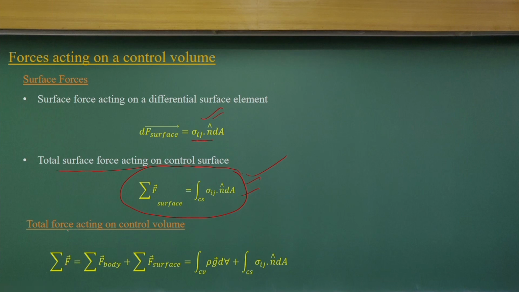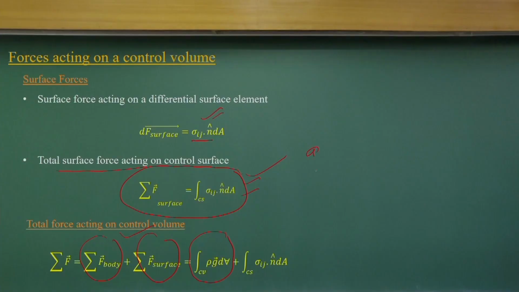So, the total force acting on the control volume will have the body force component and the surface force component. The body force component will have a volume integral of rho g dV. g is a vector quantity, as we consider the acceleration due to gravity can have three scalar components of gx, gy, gz.